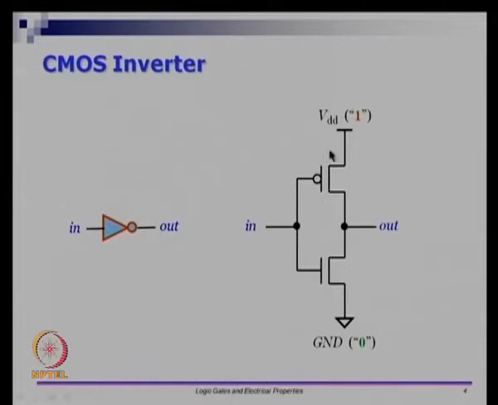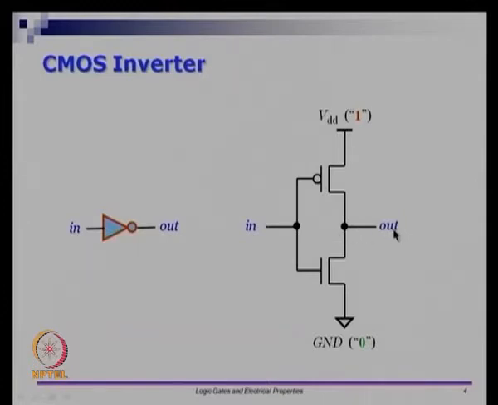For the PMOS device this is the source and this terminal is the drain. For the NMOS device this is the source and this terminal is the drain. The source terminal is 1 or VDD for the PMOS, and the source terminal is ground or 0 for the NMOS device. And we connect the drains together and call that the output.